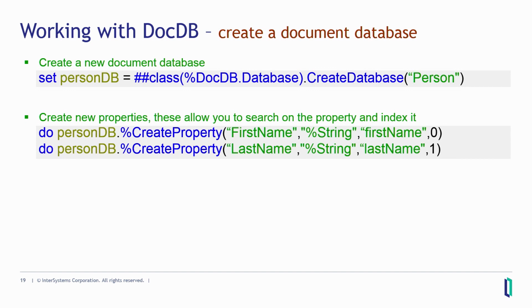This property is then indexed, and when you do the searches, it makes those searches much, much faster. First argument is first name, that's what we're going to call it. Second is the data type. Third is the path in the JSON structure. And then the last argument, 0 or 1, is whether it's a unique index or not. Obviously, last name's not a good one to have a unique index on, but well, it's there.